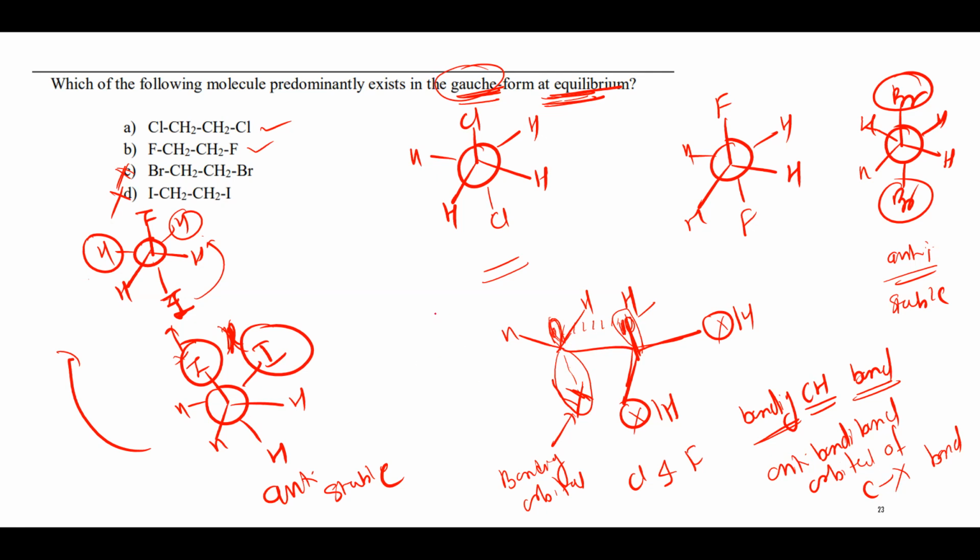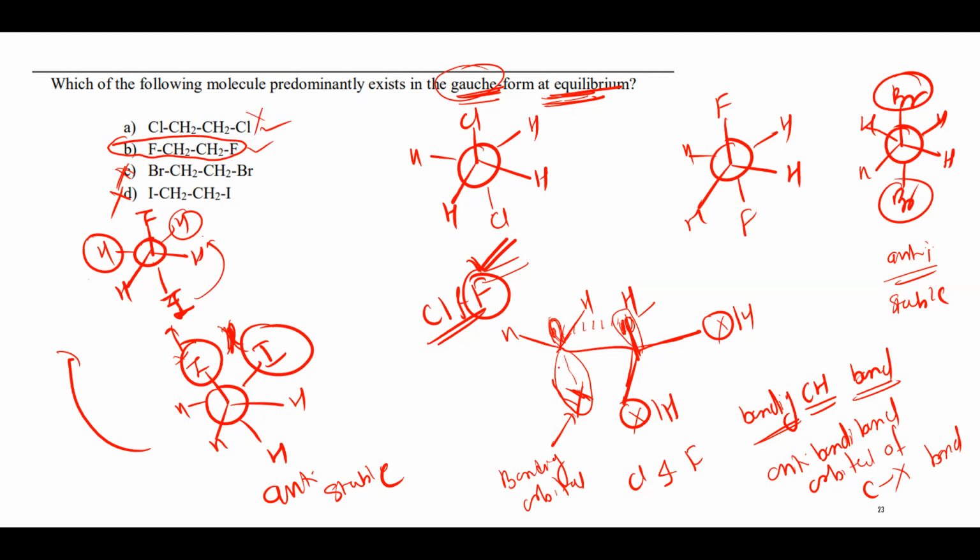So in the comparison between chloro and fluoro, the fluoro shows the most favored bonding interaction with the anti-bonding orbital of the CF bond and the bonding orbital of the CH bond. The molecule containing fluorine shows such strong interaction as compared to the chloro one.